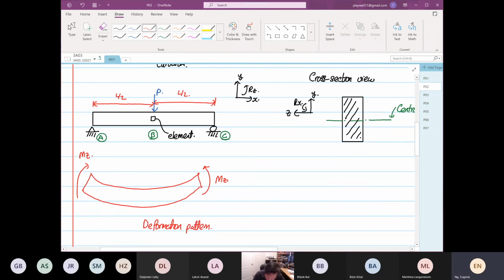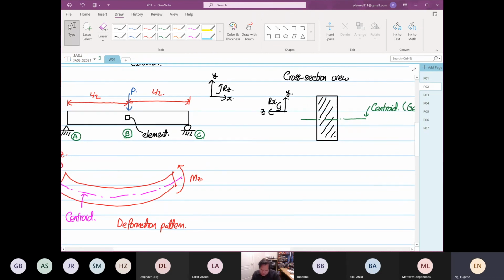All right, and we also know that this is also our centroid. Right, so if that's our centroid, so if we now were to draw, okay, we're going to apply stress X is equal to minus Mz over Izz multiplied by y.